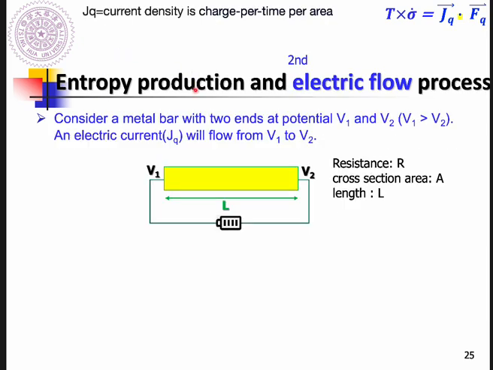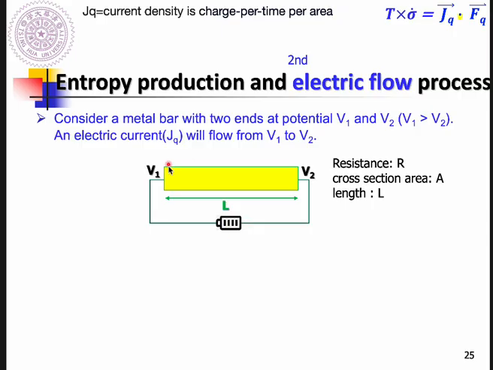And the second case, as I mentioned before, is the electrical flow process, right? So how to have the steady electrical flow process? The setting will be like this. We also have a metal bar with length L and cross-section area A, and I connect this material to the battery.